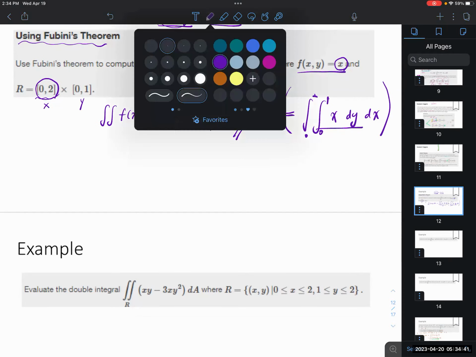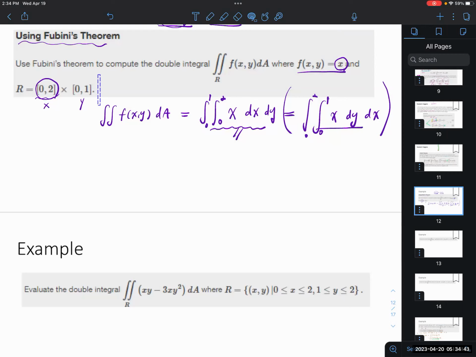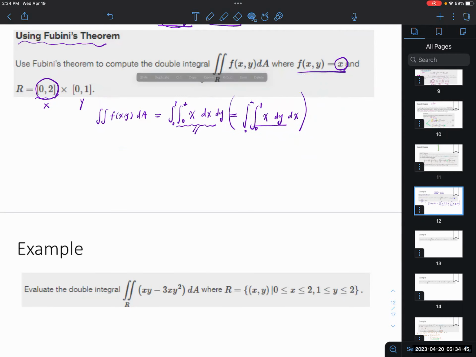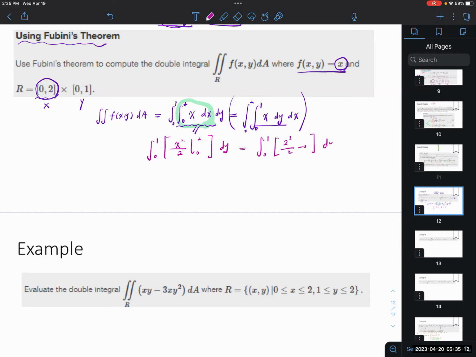So take the integral with this part: 0 to 1, big bracket, dy. The integral of x is x squared over 2, from 0 to 2. So that is 2 to the second over 2 minus 0, and dy.